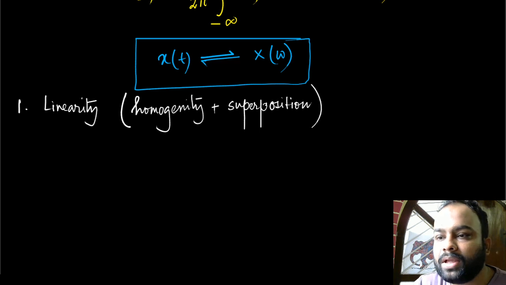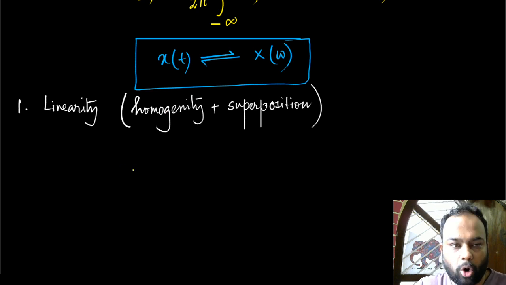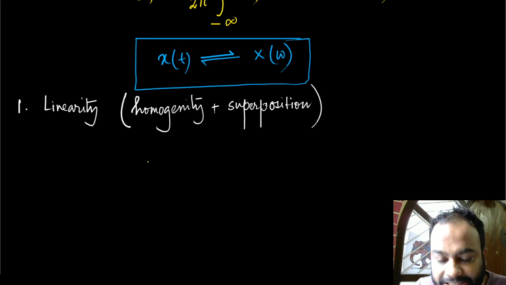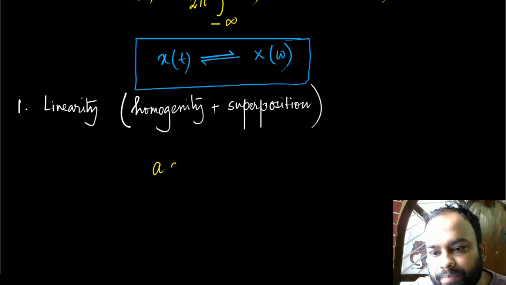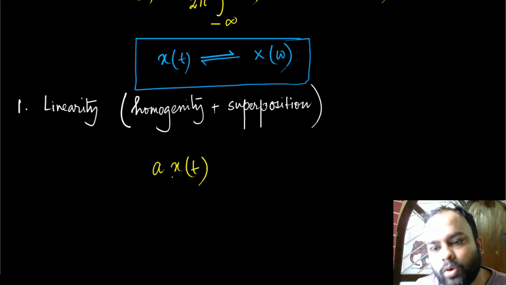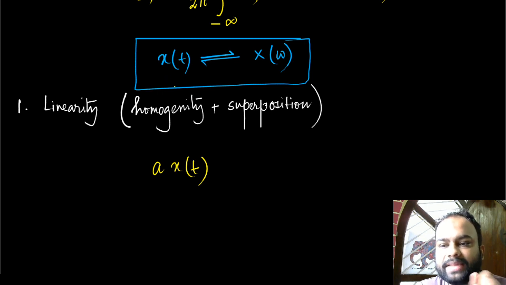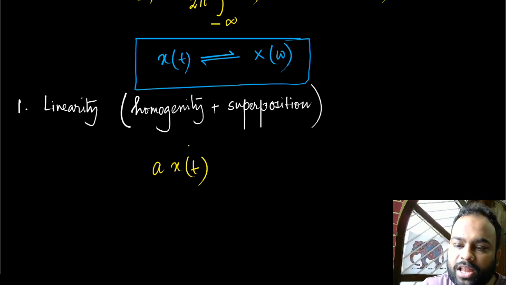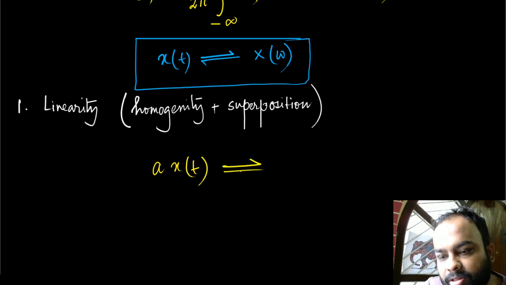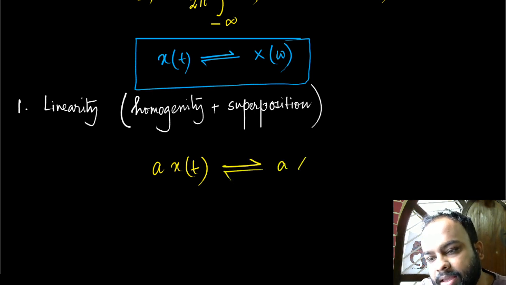In any case, if this is true, then the homogeneity property tells me that if I multiply x of t with any number, say a, then if the Fourier transform of x of t is X of omega, the Fourier transform of a x of t is a X of omega.